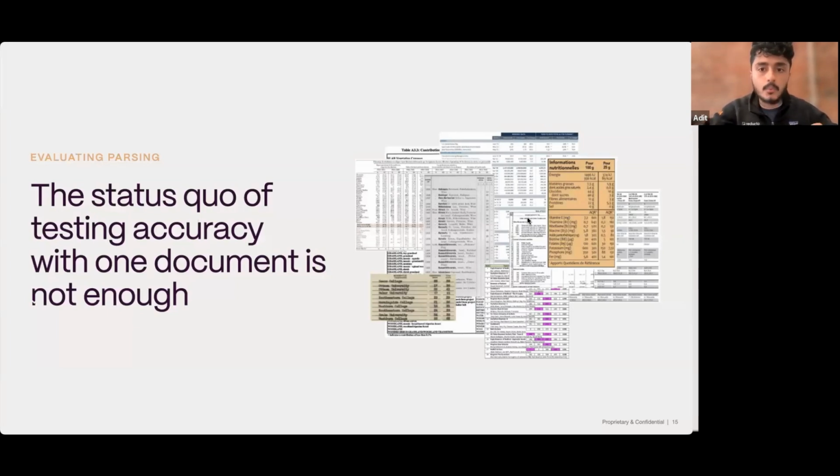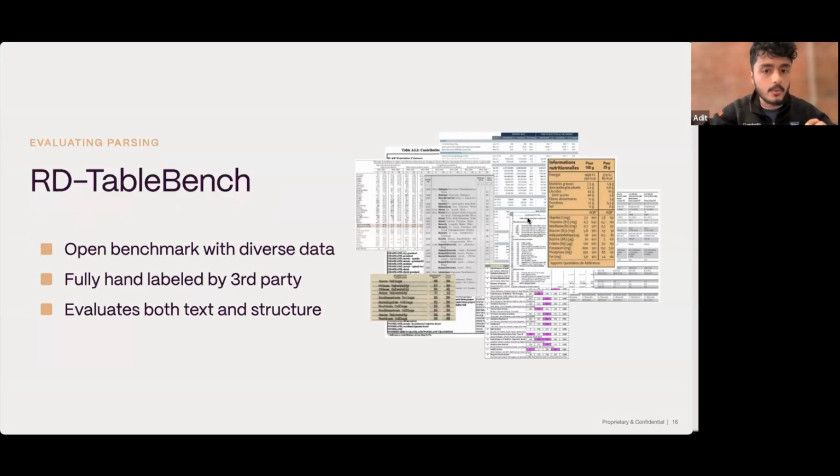So we started doing some work to open source content for people to be able to use. RD Table Bench was the first thing that we did here. This was one of the first open benchmarks for document parsing. We had a third-party team come in and hand label 1,000 diverse cases, but more importantly than the individual data points, they helped us create a scoring framework that is generalizable.